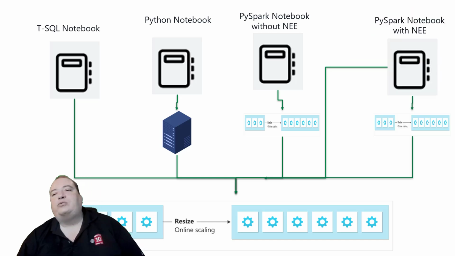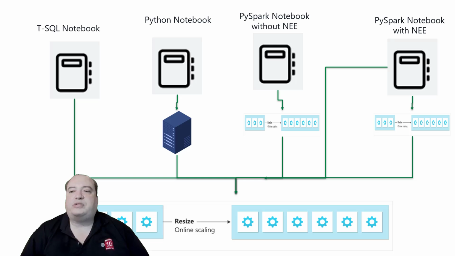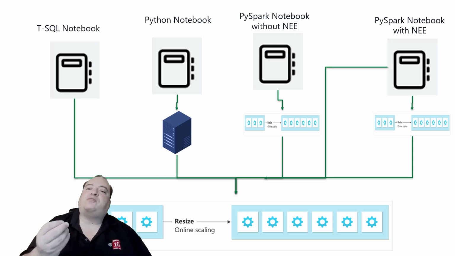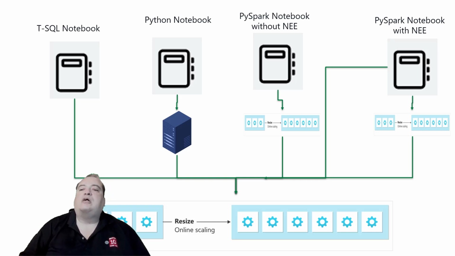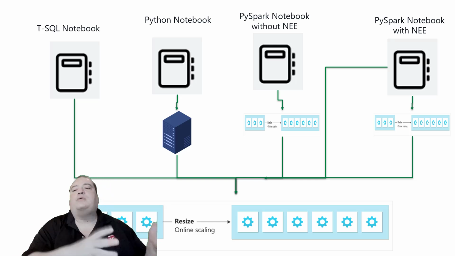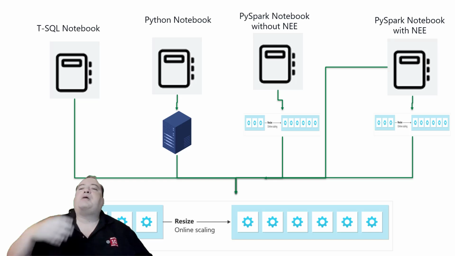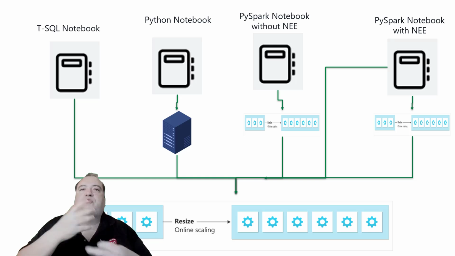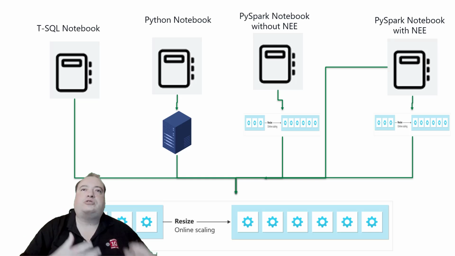But if we use PySpark notebook with native execution engine, then we have the cluster for the PySpark notebook. This means that between the queries, the PySpark notebook has an entire cluster to process the result of the query and ensures a good performance on the processing.